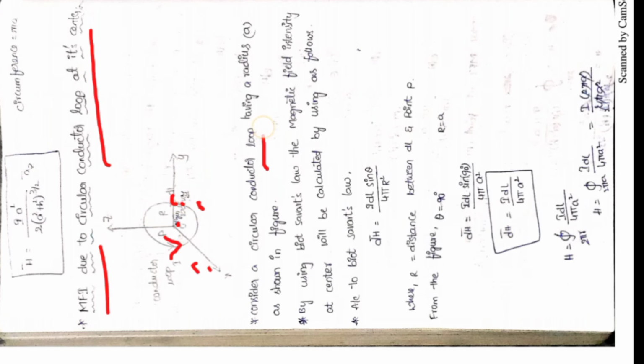Consider a circular conductor loop of radius a. By using Biot-Savart's law we can find the magnetic field intensity, dH equals I dl sin theta by 4 pi r square, where r is the distance between dl and point P, here the distance from the origin to point P.